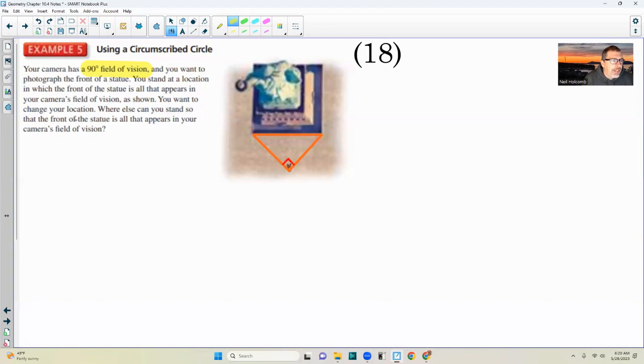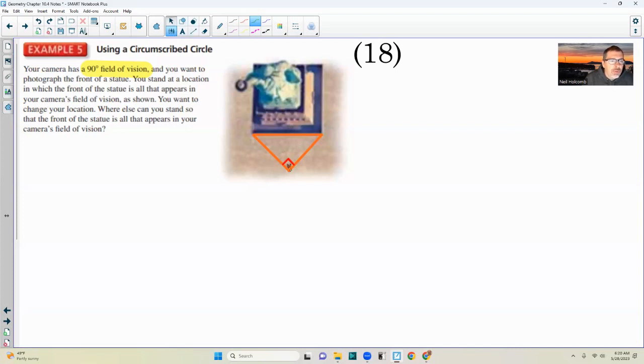Where else can you stand so that the front of the statue is all that appears in your camera's field of vision? If I were to stand right here, I want my field of vision to still only be the statue. Can that happen? That's what this question is asking.